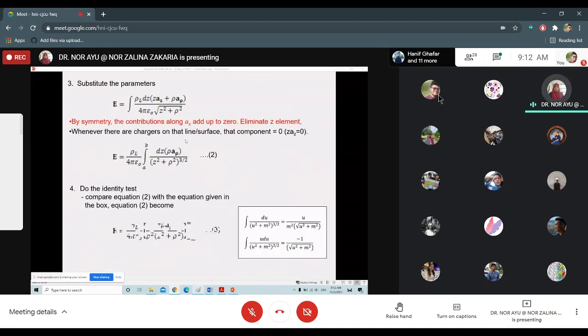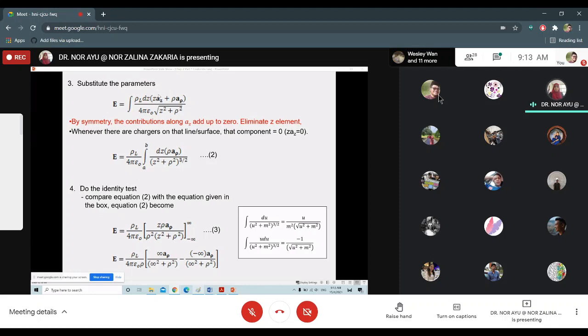Alright, so in here, what you can see is that by symmetry, the contribution along AZ add up to 0. So we need to eliminate Z elements. So where is Z elements? So Z element is this one. Okay, so this thing will be equals to 0.